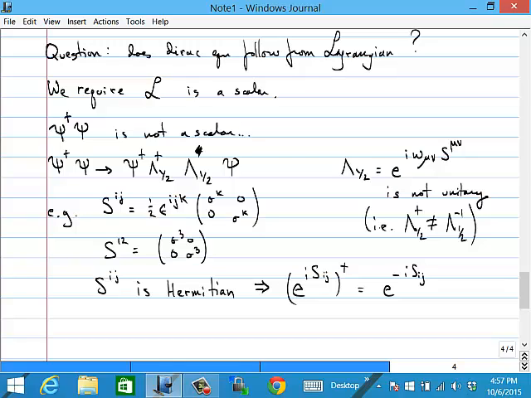So if you just have a rotation as opposed to a boost, then lambda to the 1/2 is going to be Hermitian. Okay. Or sorry, unitary. So for a rotation, lambda to the 1/2 is unitary.